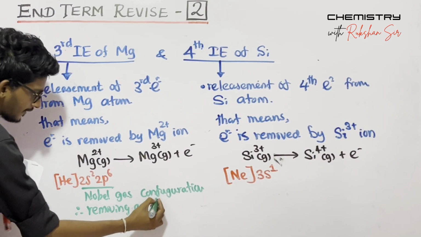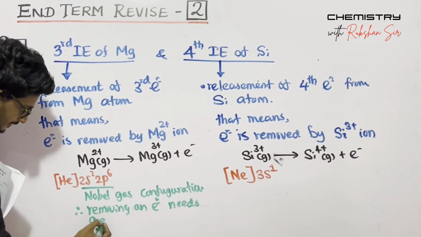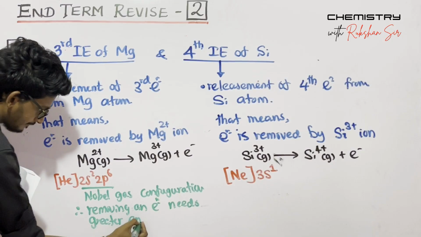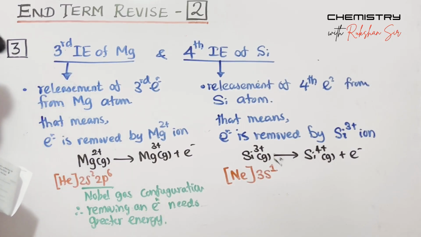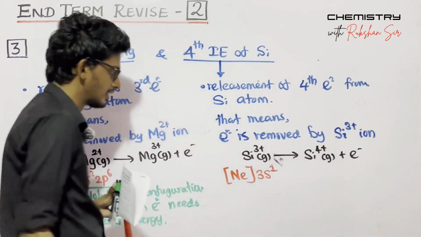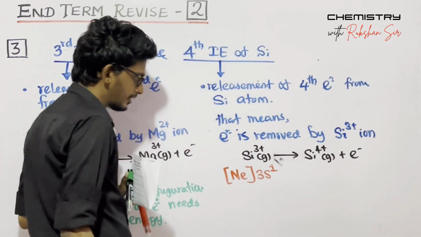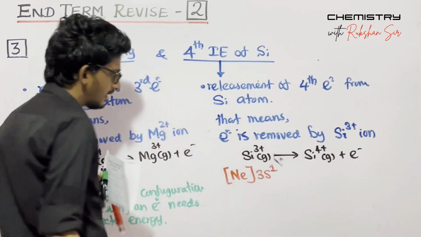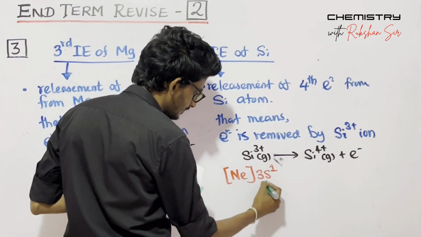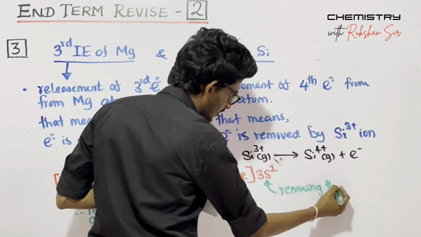Removing an electron needs great energy. But the silicon 3 plus is not with such a stable configuration, and by removing this electron you can still achieve the noble gas configuration, so it will be easily released.